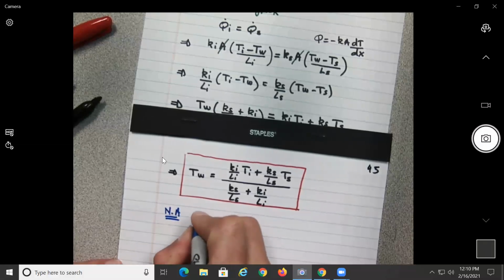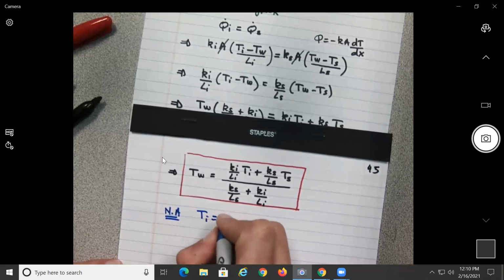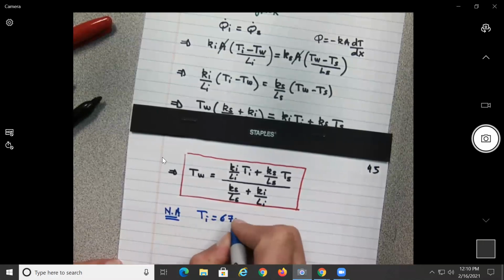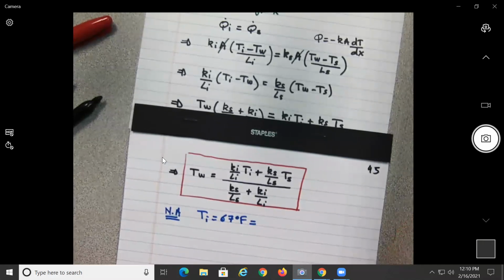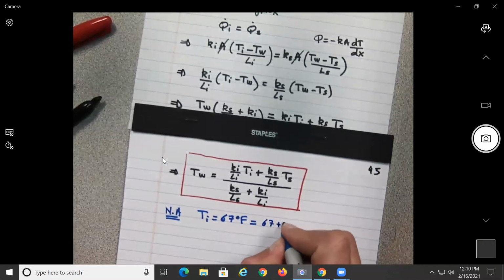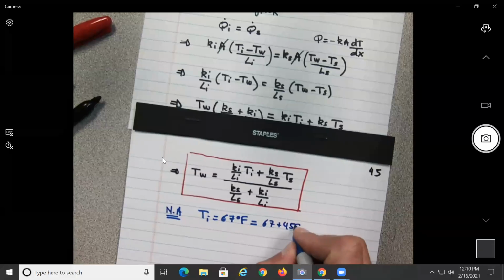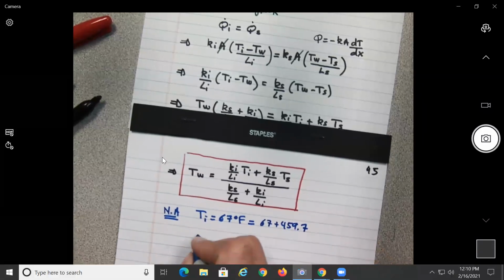So we have T inside is 67 degrees Fahrenheit. What would that be in Rankines? Don't take the simplification of 460 because it might be picky, no? What is the transformation of 459 point something? Okay, so do 67 plus 459.7, whatever that gives you.